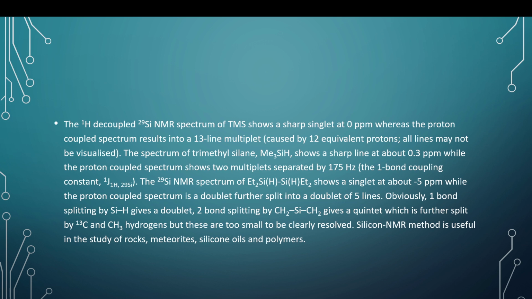Two bond splitting by CH2 groups gives a quintet, which is further split by 13C and methyl hydrogens. But these are too small splittings, hardly resolvable. Silicon NMR method is useful in the study of rocks, meteorites, silicon oils, polymers, and also in environmental pollution.